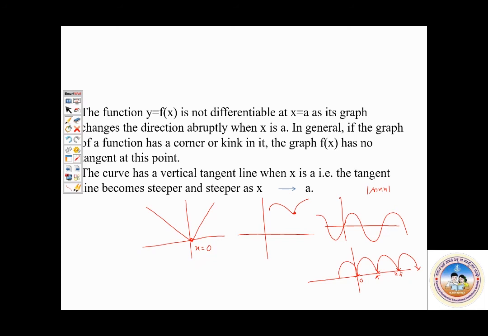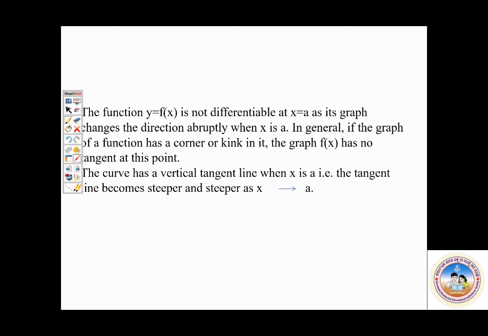And the next, the curve has a vertical tangent line when x is a or x tends to a. That is, the tangent line becomes steeper and steeper as x tends to a.